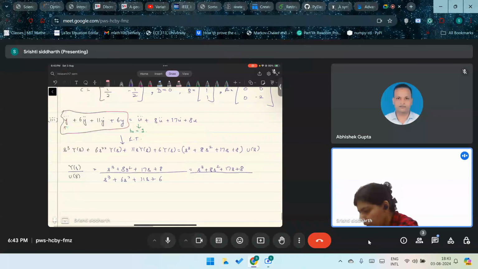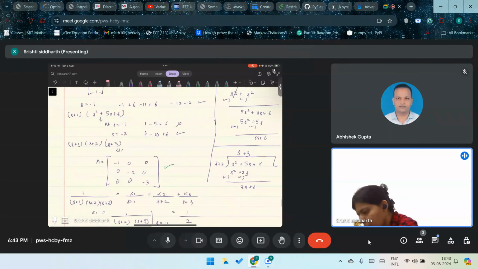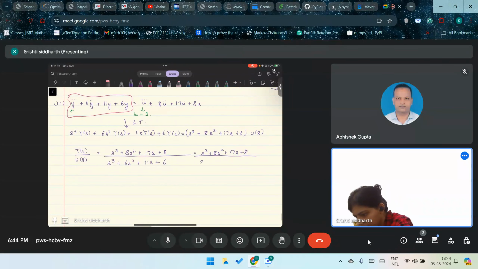Directly from the first part, we have s plus 1, s plus 2, and s plus 3. So this is just a proper transfer function, and it has distinct eigenvalues.